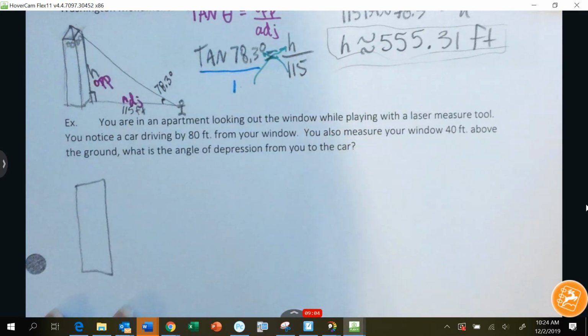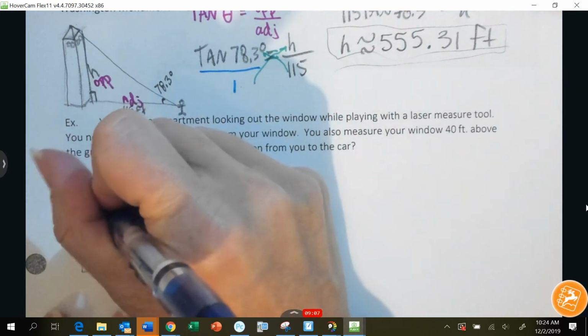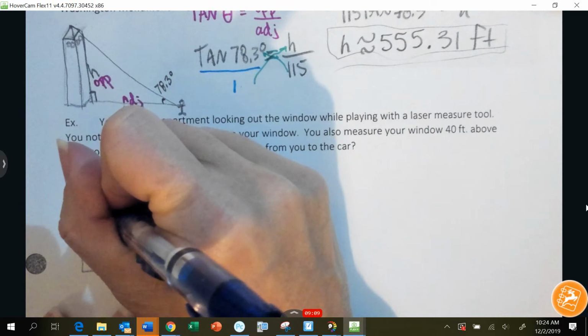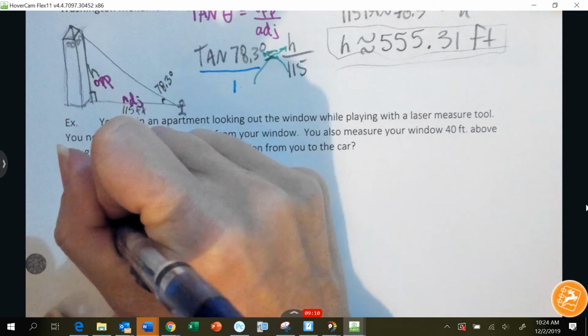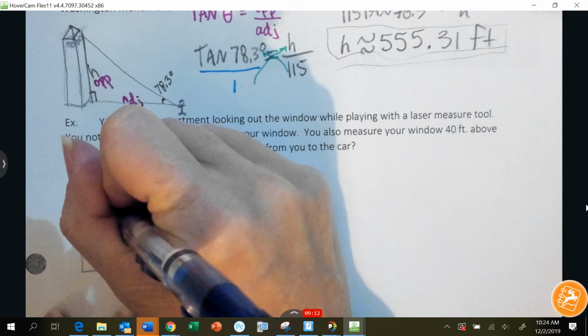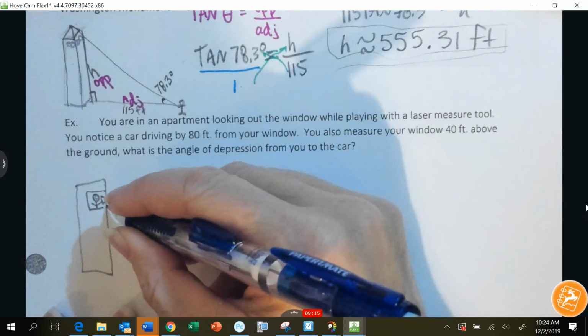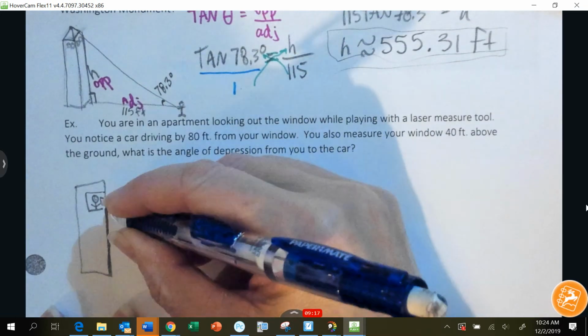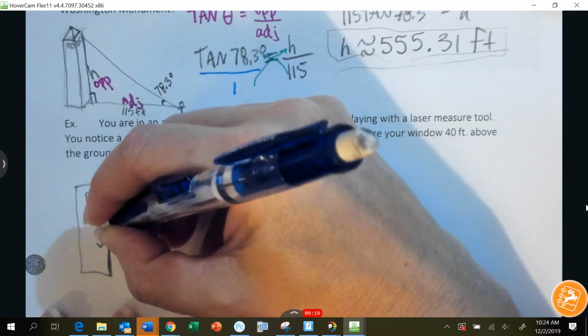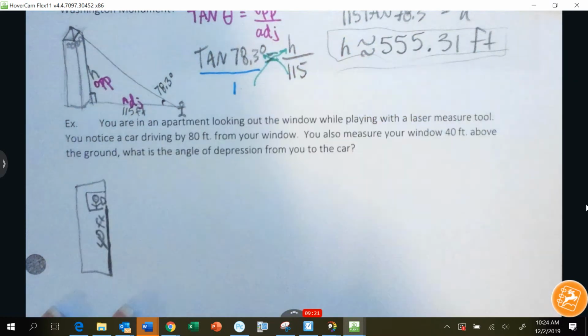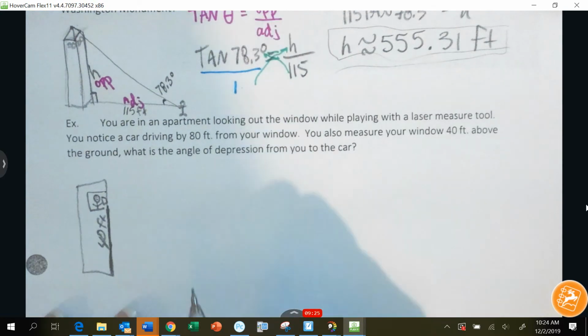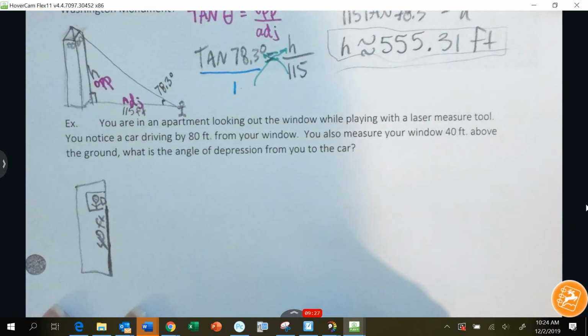How high up are you? 40 feet up. The car is 80 feet from your window.